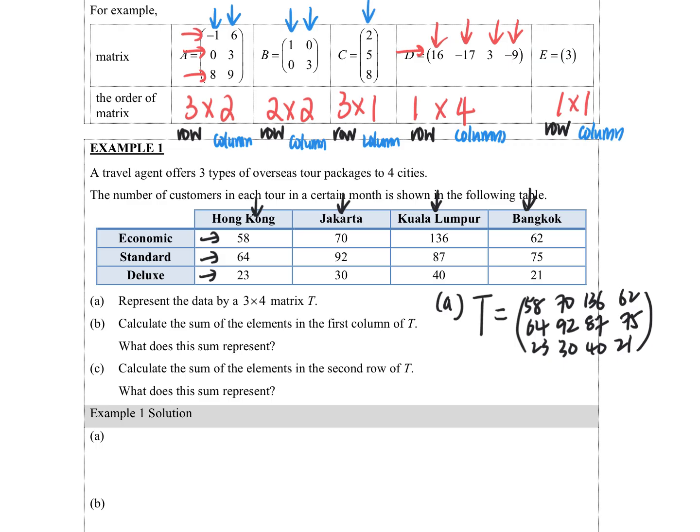Next, they say, can you sum all the elements in the first column of T? Column means this one, first column. They ask you to add these 3 elements up and you will get 145. What does this sum represent? Think logically.